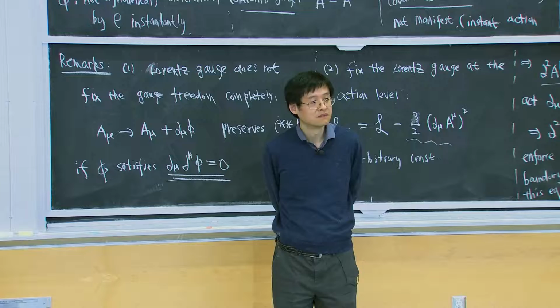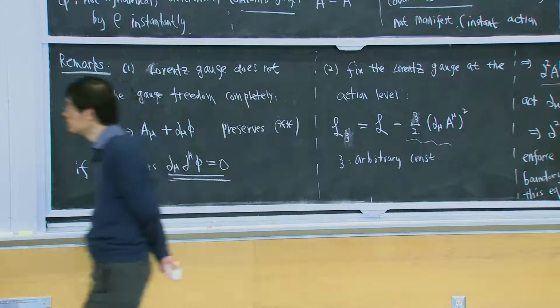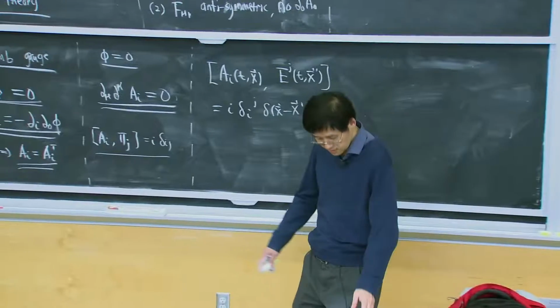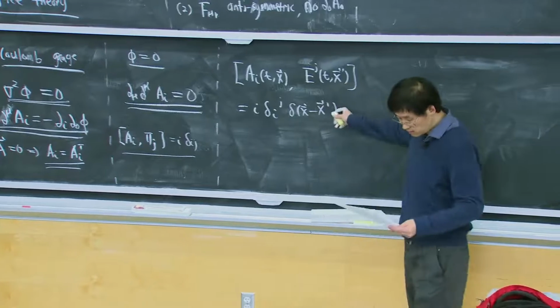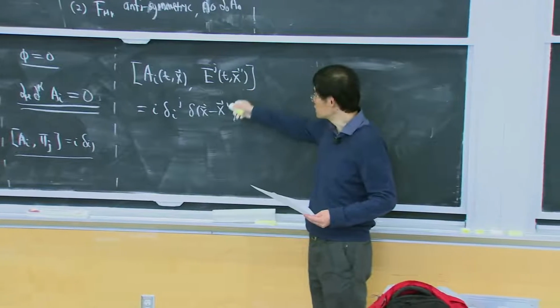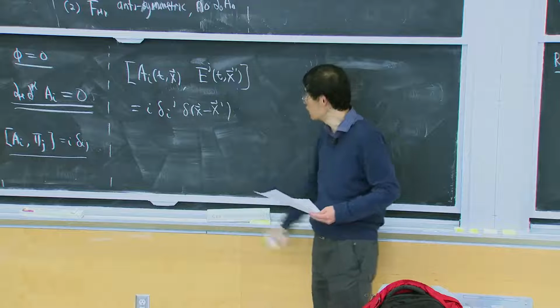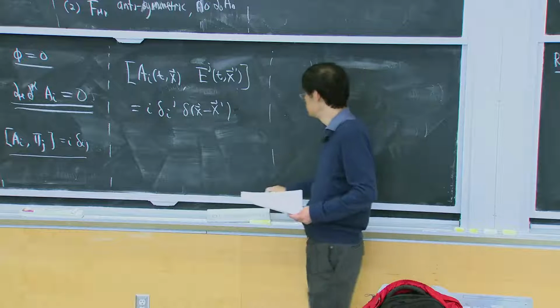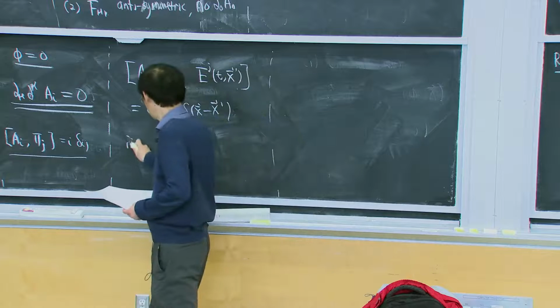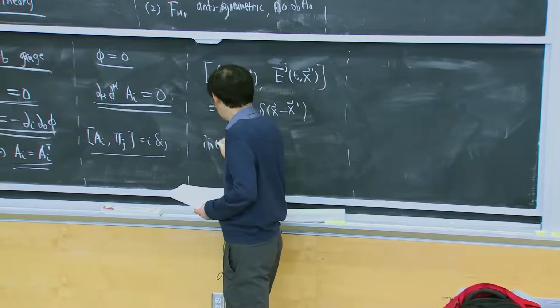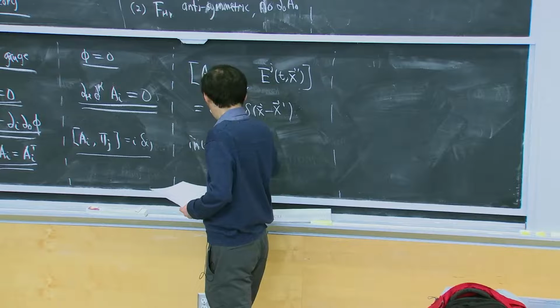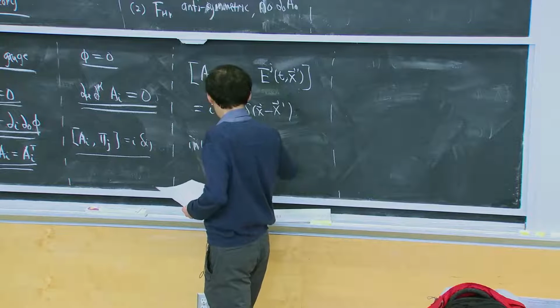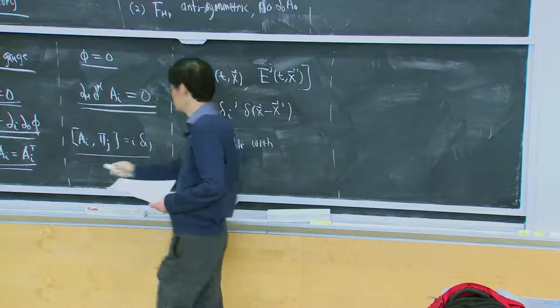Other questions? Okay, good. But this is wrong. If you just naively write down this canonical commutation relation, it is wrong because this equation is incompatible with the Lorentz gauge condition.